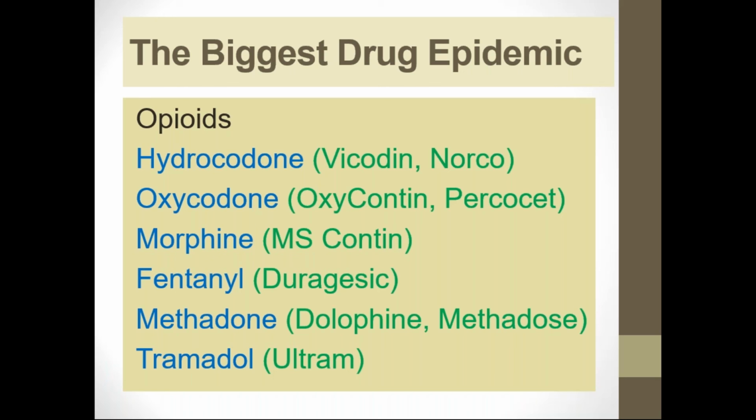Oxycodone was, and still is, the drug that has caused more overdoses in the United States in the last 5 years. This is changing, fortunately, and now the prescription drug that's causing more problems is fentanyl. Fentanyl is an opioid that's about 50 to 100 times more potent than morphine.